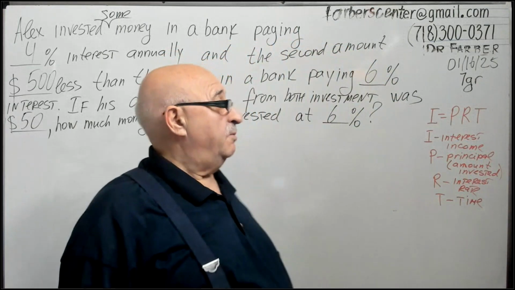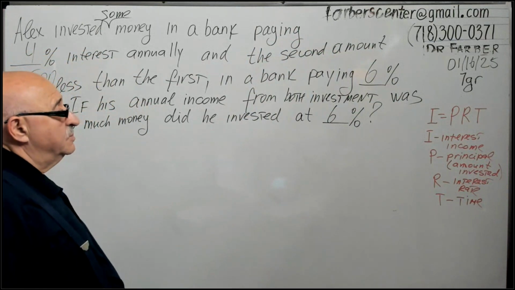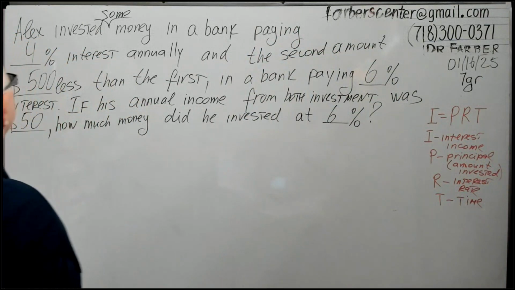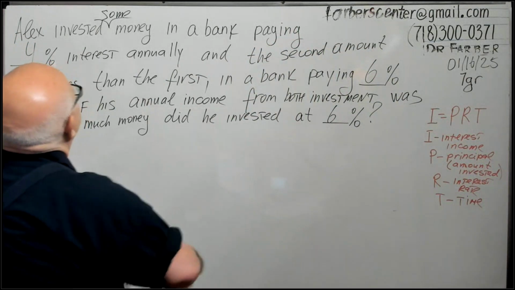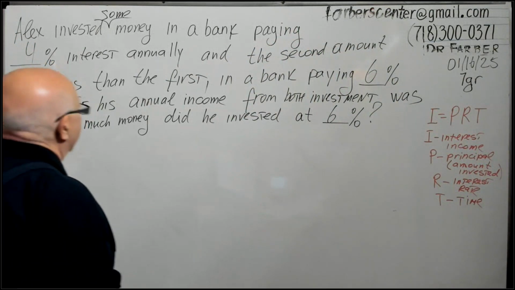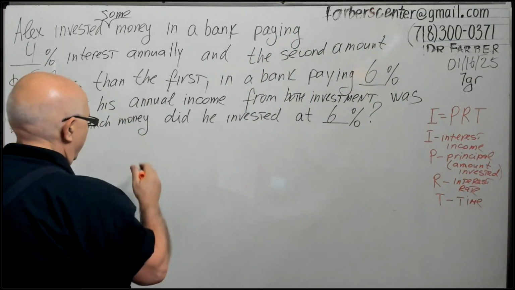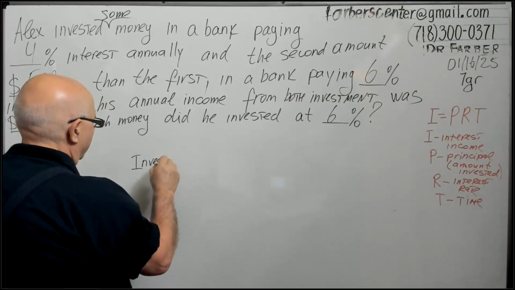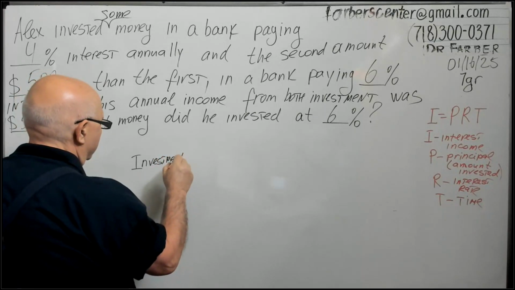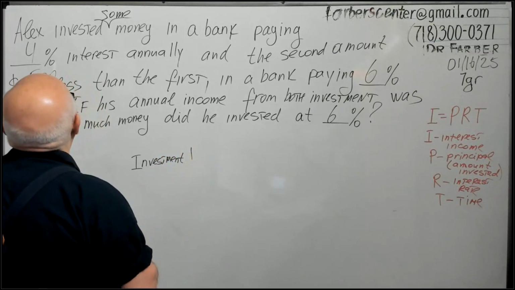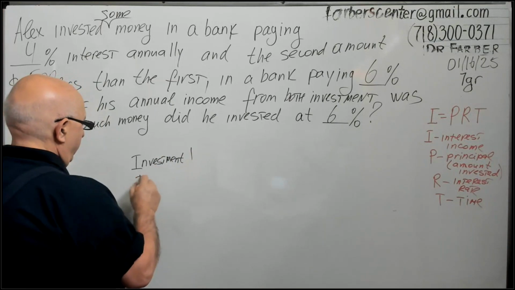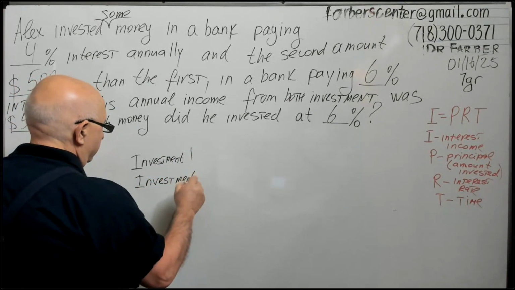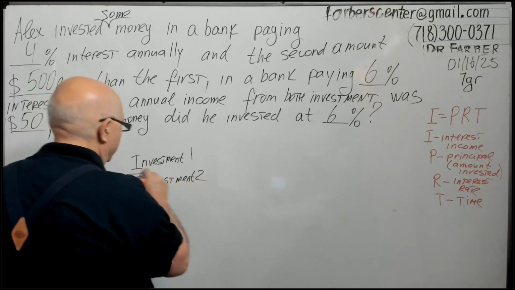Now, if you look at the structure, we can use exactly the same approach as for the mixtures. Let's say I put here investment 1, the first investment, and investment 2. Two attributes.